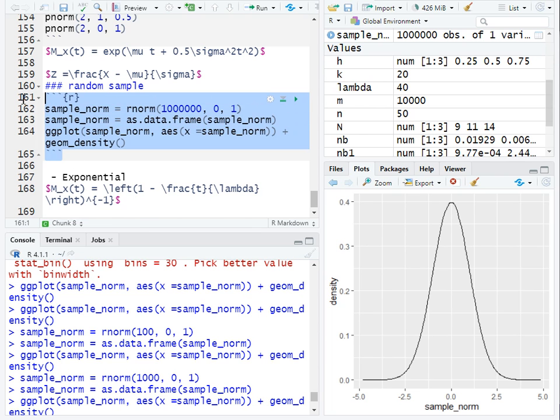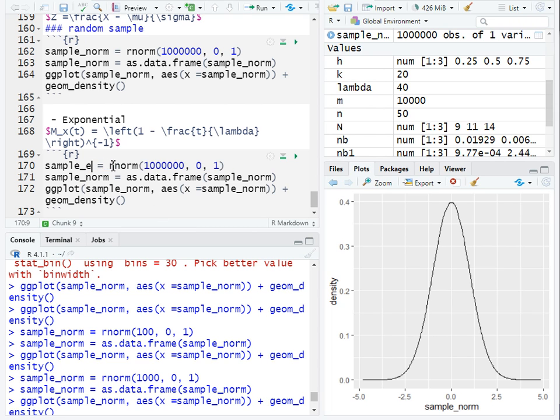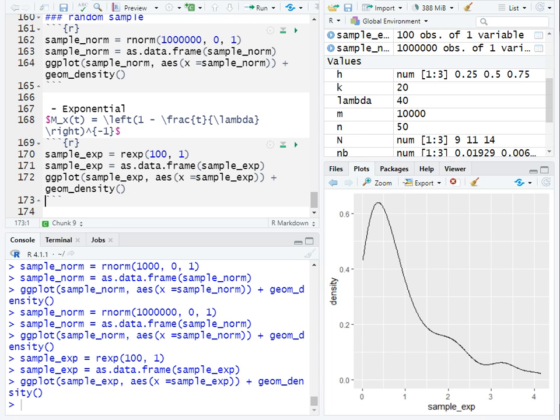So our task is to simulate a sample of size n from the exponential distribution, and we will follow the routine which we have already created. We just change that to sample exp for exponential, and for generating the function we are going to use rexp. Inside we have to set the parameter. Let's say that we have generated with the parameter lambda which is 1, and this is our distribution.